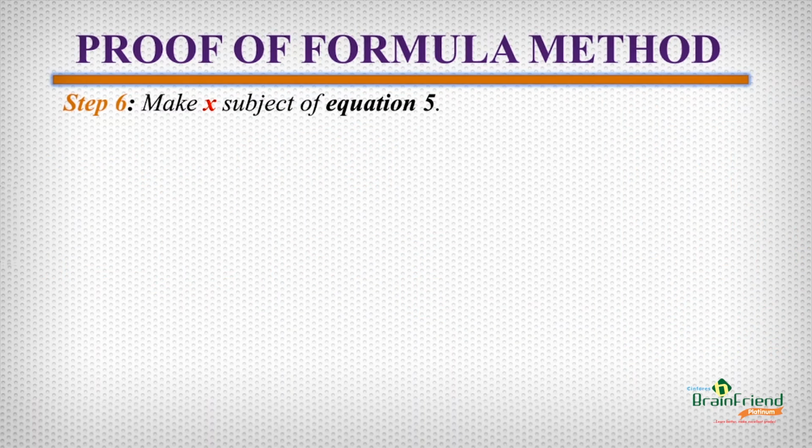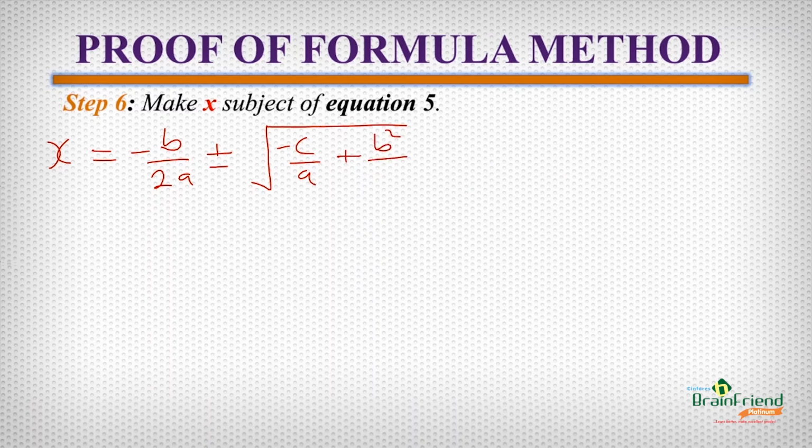Now we have x is equal to minus b over 2a plus or minus square root of minus c over a plus b squared over 4a squared, right? LCM of a and 4a squared is 4a squared.